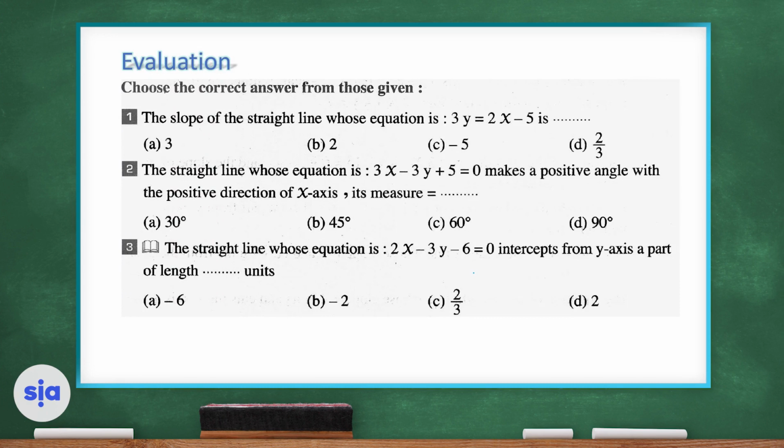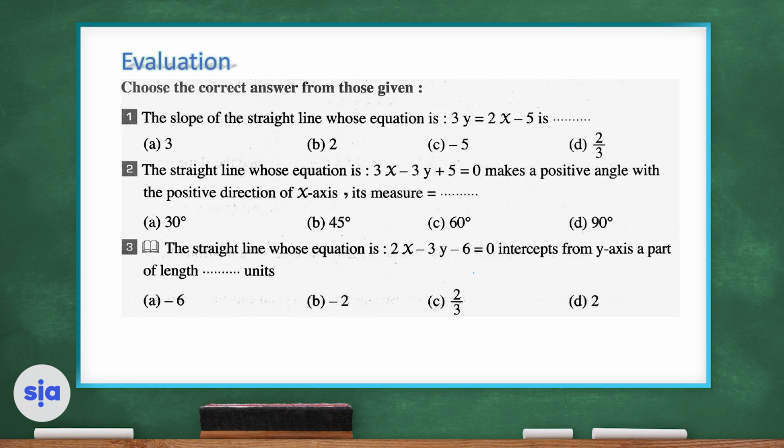As I always remind you, please pause the video, try to answer the questions yourself, then play the video to check your solutions. Here the question is asking us to choose the correct answer. In number 1, the slope of the straight line whose equation is 3y equals 2x minus 5 is what? To find the slope, we need to put it in the format of y equals mx plus c.